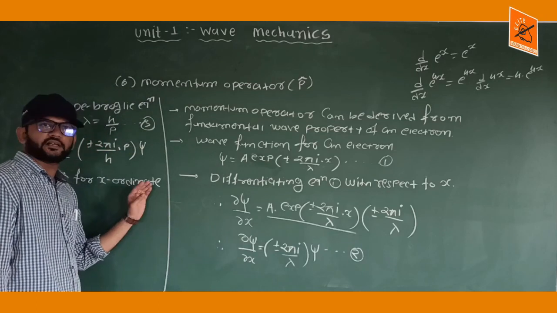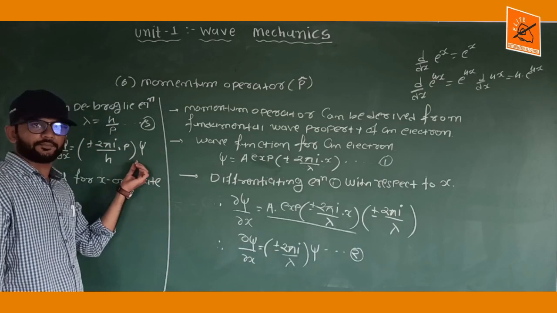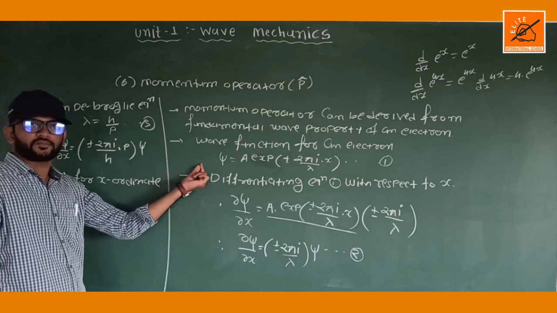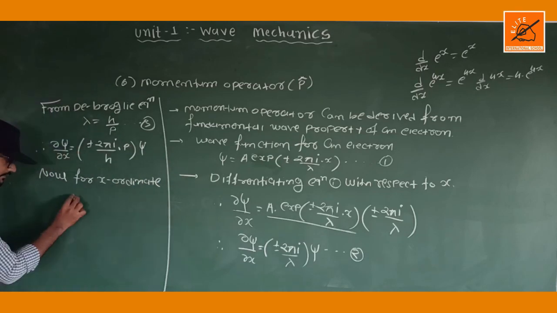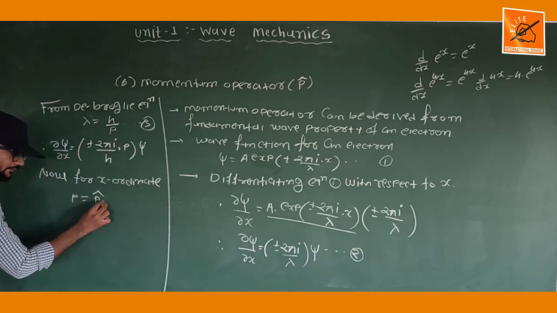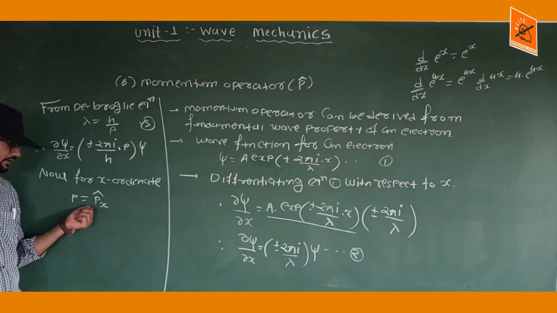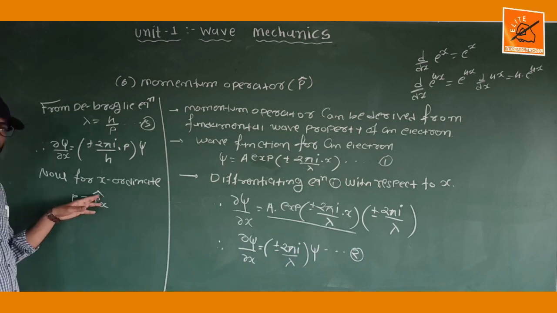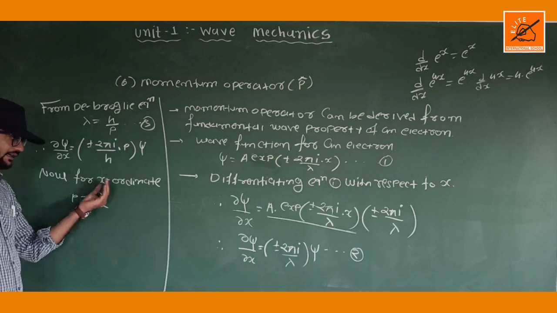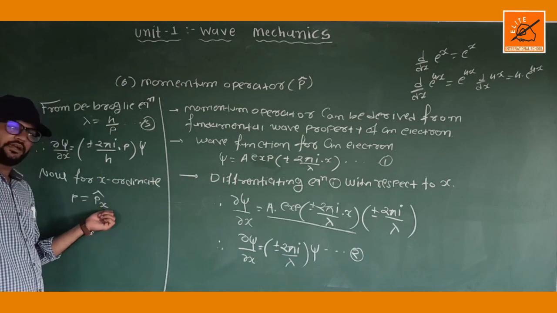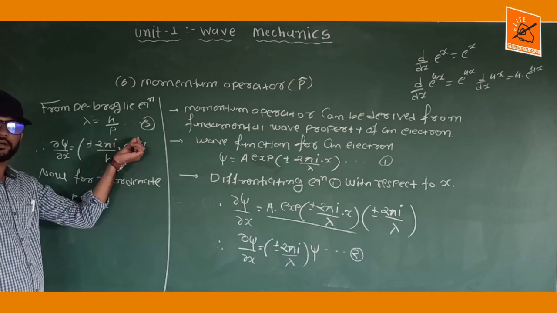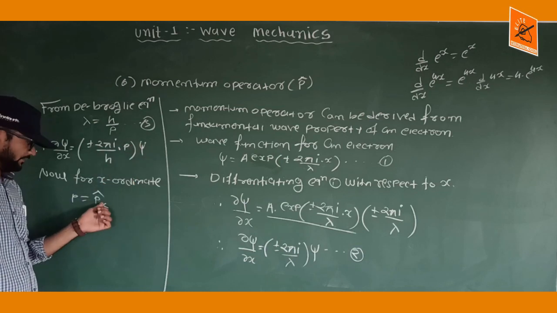In this theory, first we assume that any microscopic particle is traveling along the x direction. So the value of p is equal to p cap x. Here p is in operator form and this electron is traveling along the x direction. Suppose the electron travels along the y direction, then it will be py cap.